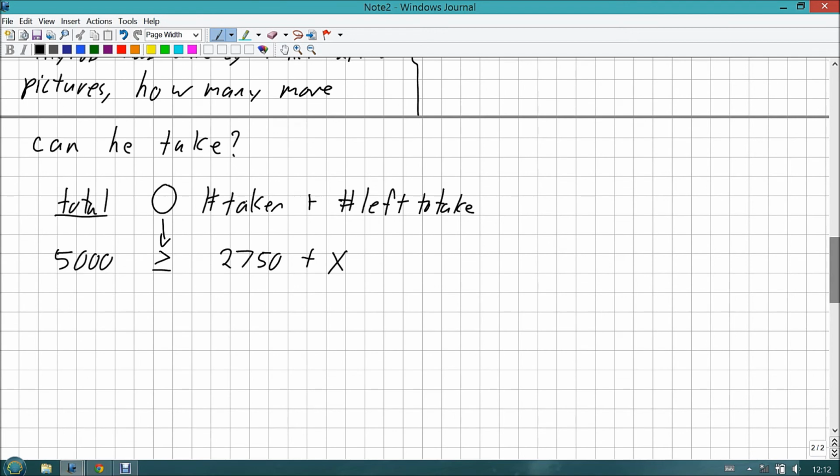And then solving for x, we would of course subtract 2,750 from both sides. And that would give us x is less than or equal to, see, 0, 5, so it's 250, and then 2,000 more. 2,250.